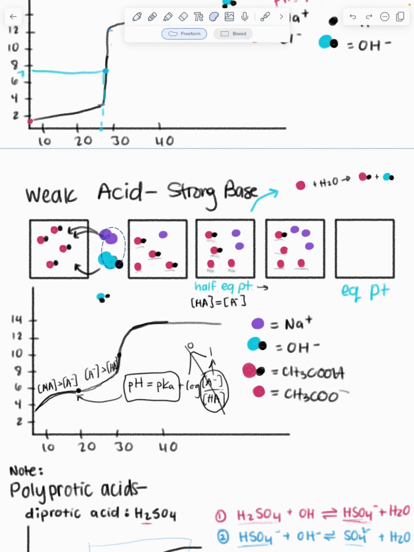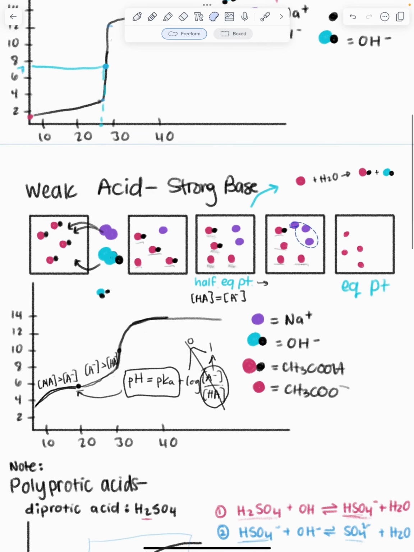So now my solution is going to look like only conjugate base is present. All the weak acid has reacted. And this is the equivalence point. So in any titration, the equivalence point is the point in the reaction when all of the acid or base has reacted with whatever it was being titrated with.